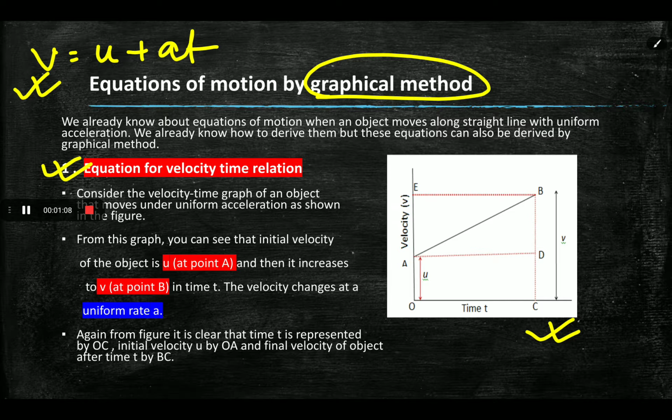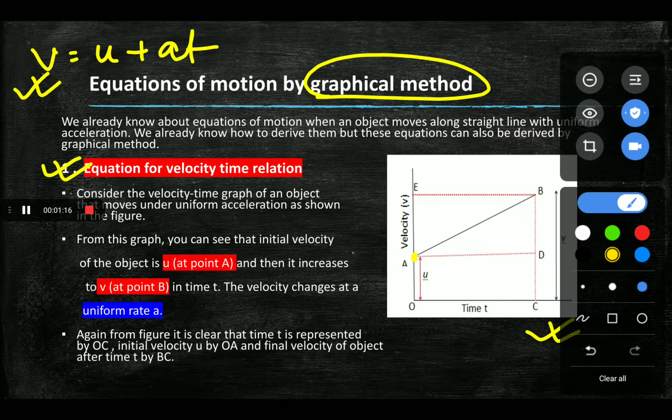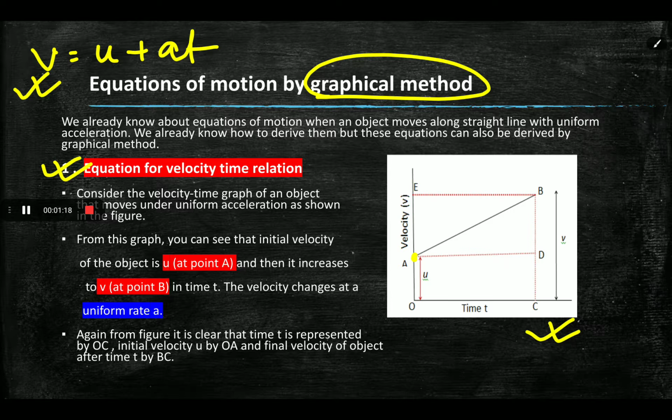In this graph, we can see that the initial velocity of the object is u at the point A. This is the point A, and at this point the initial velocity of the object is u. And this velocity increases to the value v at the point B. This is the final velocity of the object.